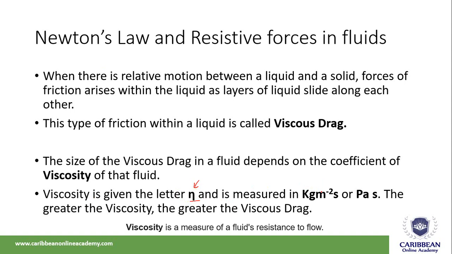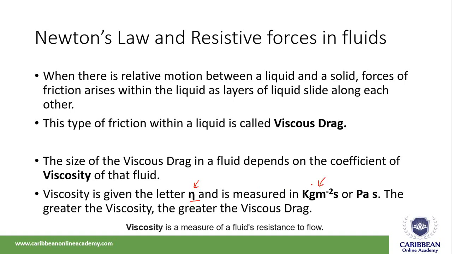So viscosity is given by this symbol right here, and it is measured using kilograms, meter to the minus 2, or we could say kilograms per meter square times second.